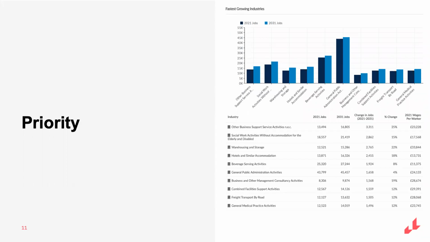So here we have the fastest growing industries in the northeast by projected net change in jobs between 2021 and 2031. At the top of this list is the SIC code, other business support service activities not elsewhere classified.